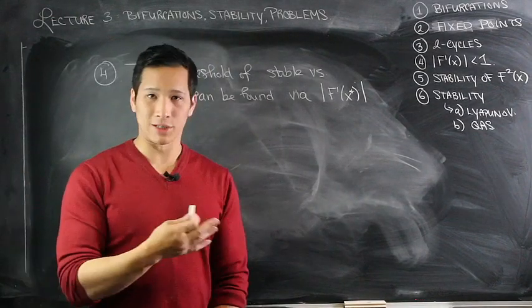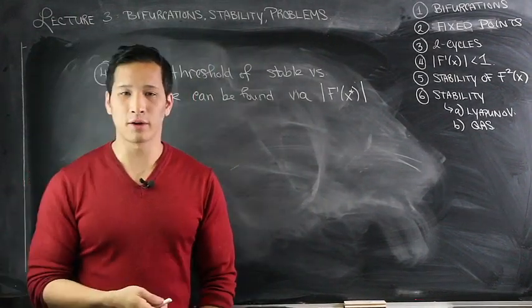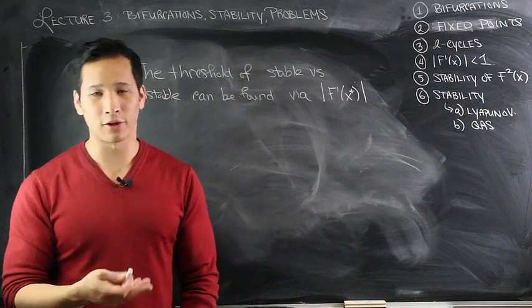If that magnitude is less than 1, you're stable. If it's greater than 1, you're unstable. If it's equal to 1, you got to look a little bit more closely at it.